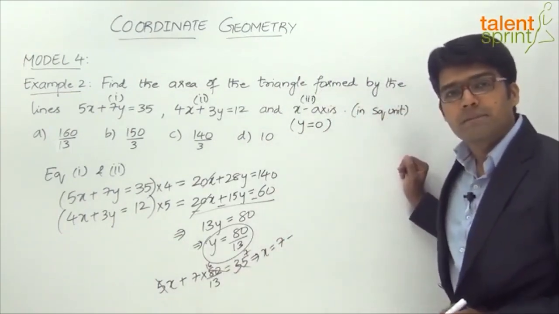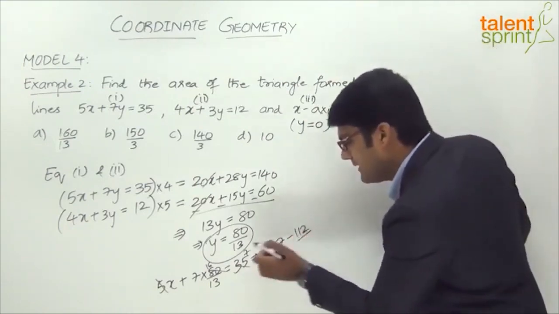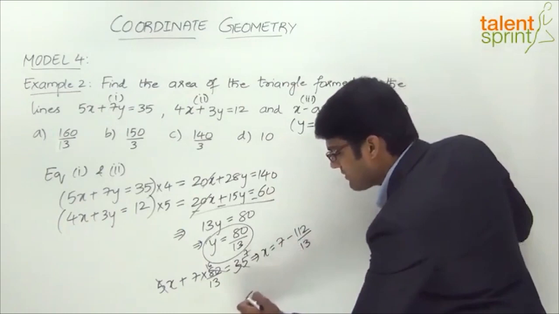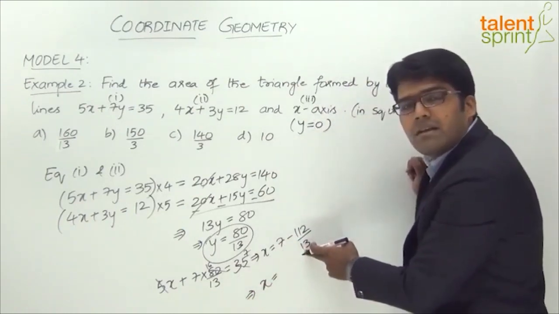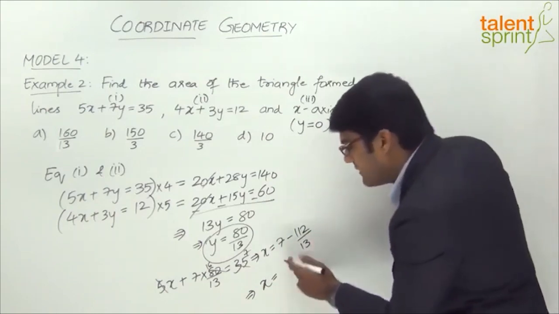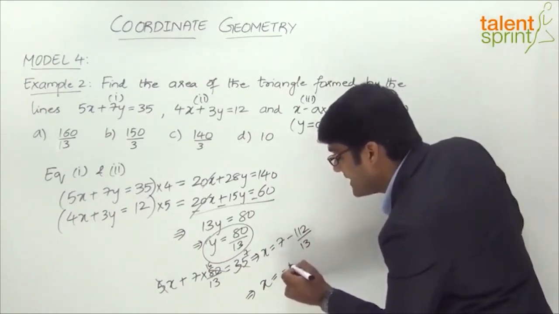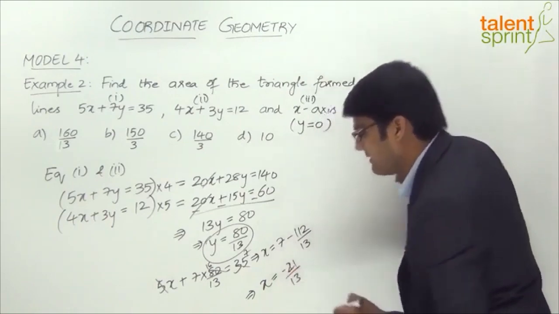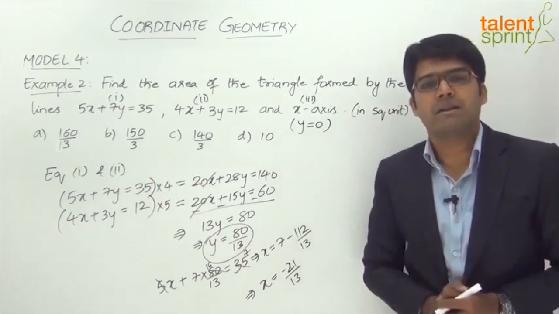What is 7 into 16? It will be 112, so 112 divided by 13. For simplification, 7 into 13 is 91. 91 minus 112 is minus 21 by 13. So the x coordinate is minus 21 by 13.